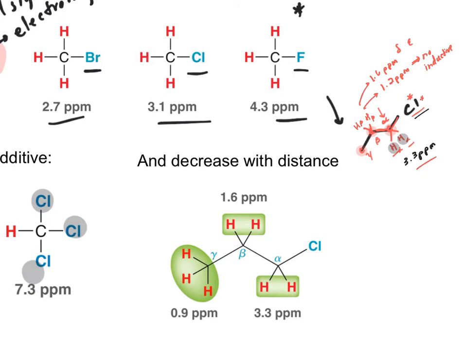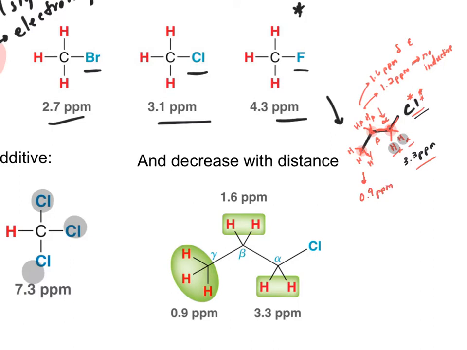As we move out to the gamma position, the carbon directly adjacent to that, these protons are all chemically equivalent. They no longer feel the inductive or deshielding effects of this chlorine, so they resonate where you would normally expect, at 0.9 parts per million.